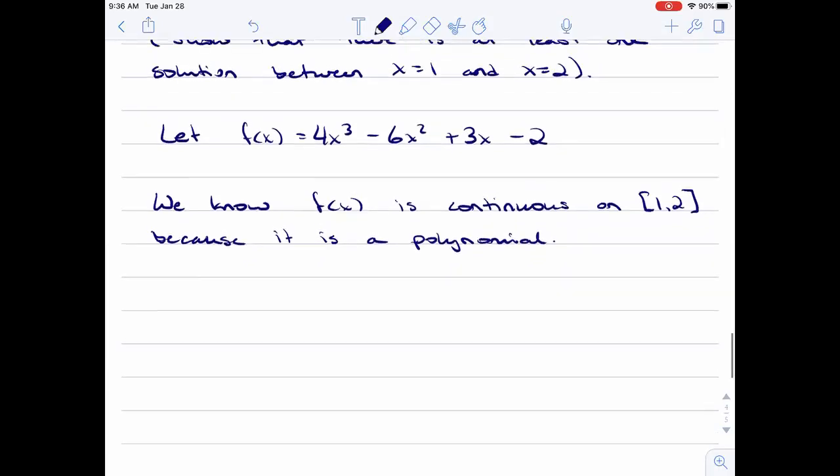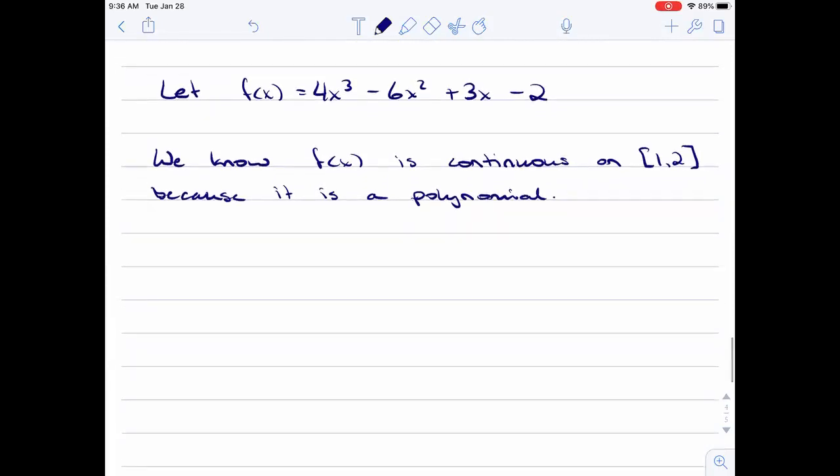So what can I do? Well, if I'm given points, I may as well use them. If I have to show that there is a solution, then I can just plug in a equals 1, b equals 2, figure out what those values are of f of a and f of b. And then if 0 is between those values, then there must exist some value between 1 and 2 that makes that happen.